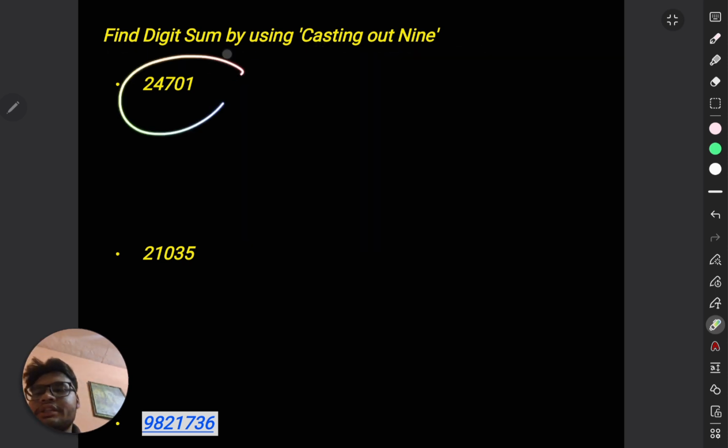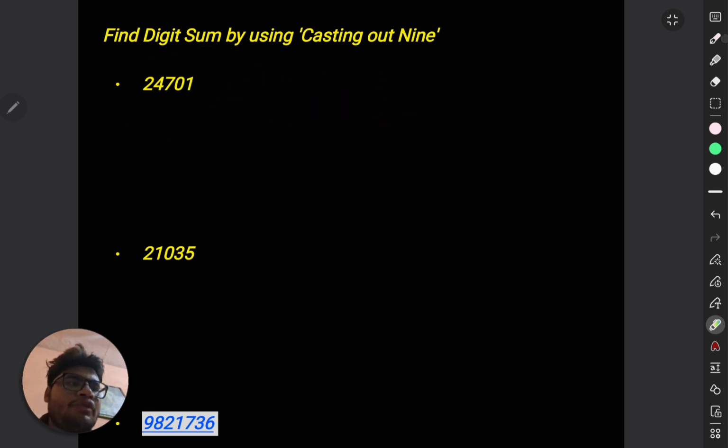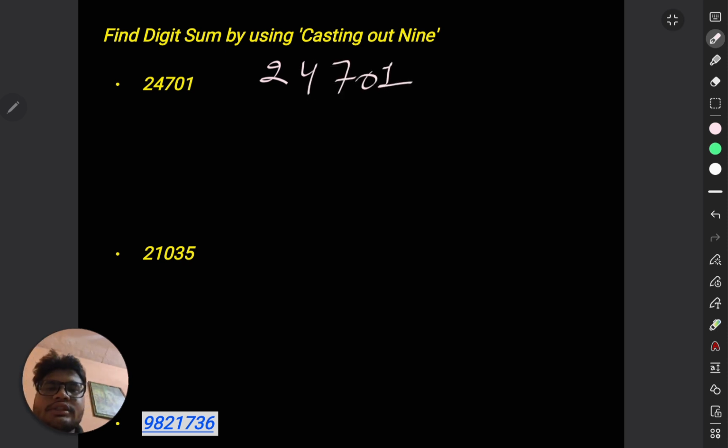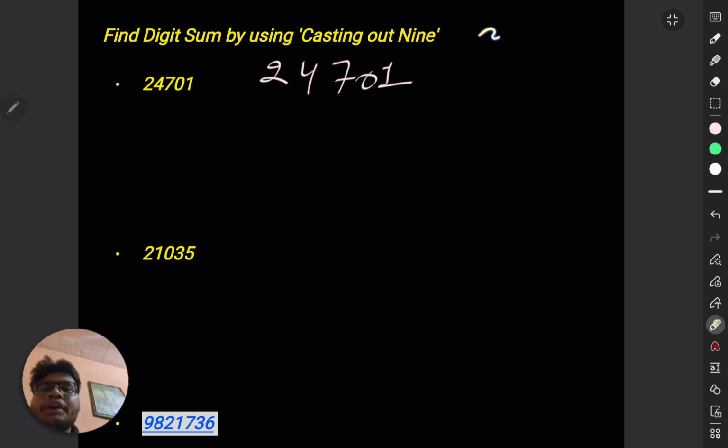The first example, 24701. We have to write it here: 24701. This is the number, and we have to find the digit sum of this number by using casting out 9.